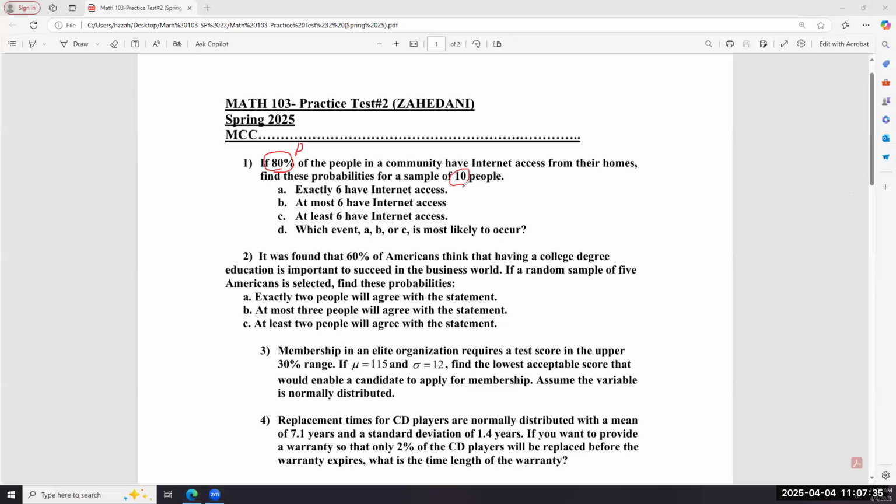The sample size is denoted by N. So N is the sample size, P is the probability of success. When 80% is the probability of success, the leftover of the 100% is 20%. 20% is the probability of failure. We don't need it here, but we can check that it is 20%.